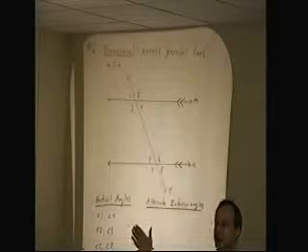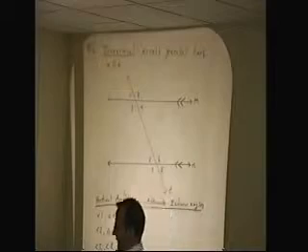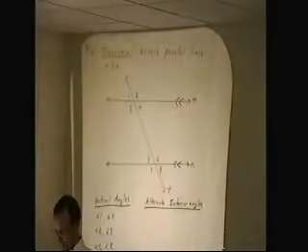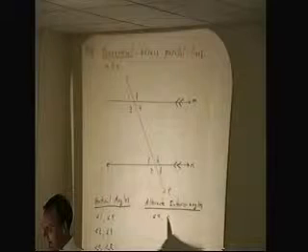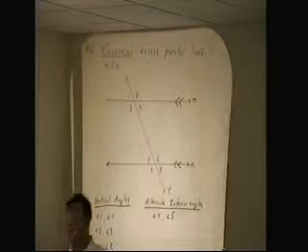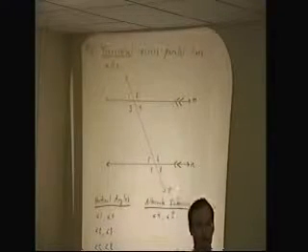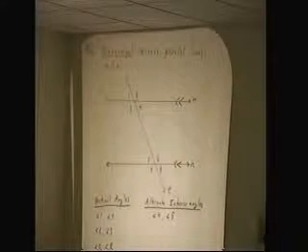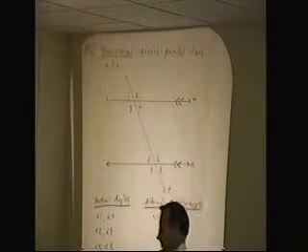That means one on each side, and they're going to be inside, in between the two parallel lines. One of them is 5 and 4. Angle 4 and angle 5 are alternate interior angles. What are the other alternate interior angles? 3 and 6, yep.